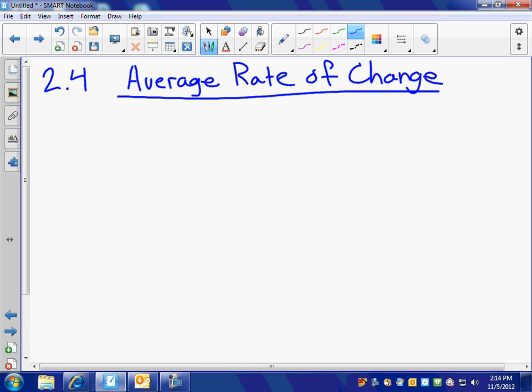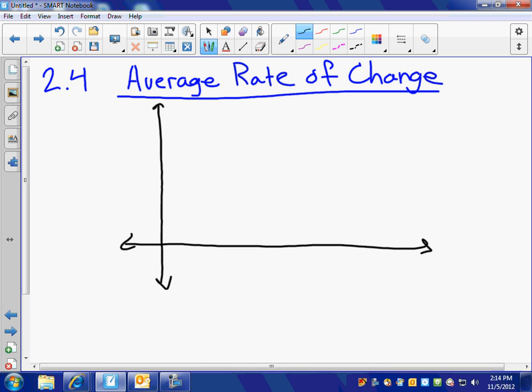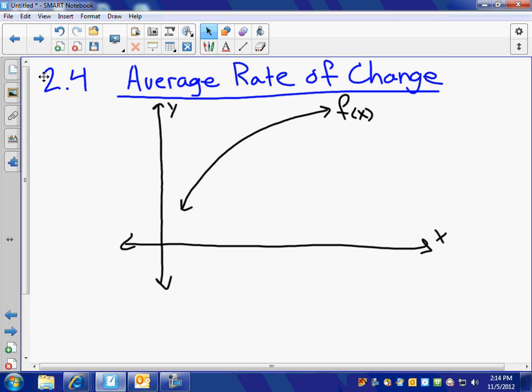So we like to express this using a graph. It's my y-axis, my x-axis. Draw something that looks like this. This will be my function, f of x. And when we find average rate of change, we find it over a given interval.